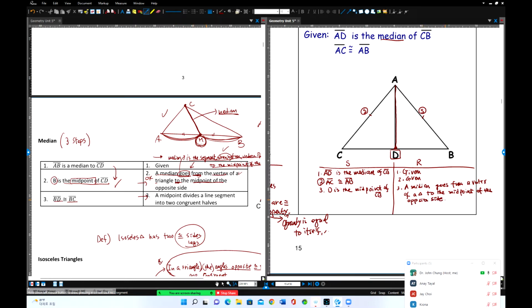That's perfect. Some teachers use the midpoint definition, but that is too poor an explanation.